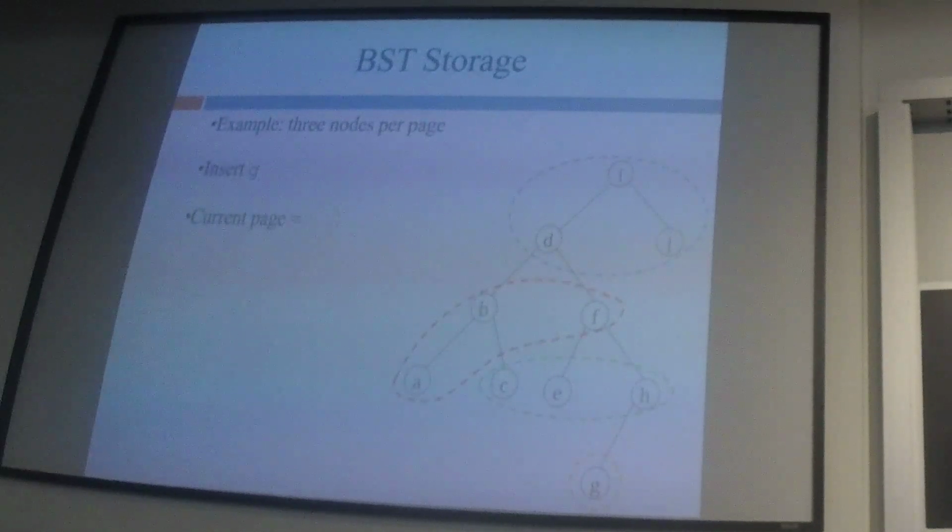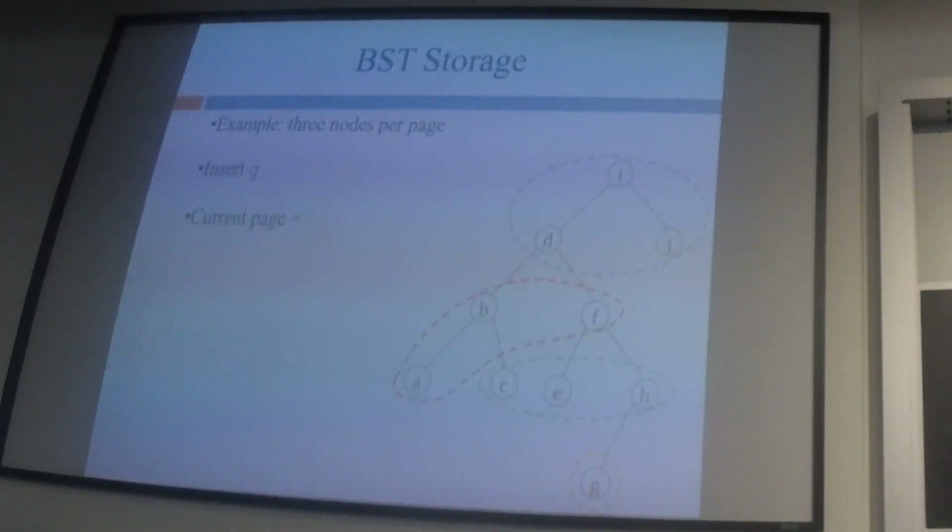Where we put them in terms of pages was purely based on the order that they were added to the tree. But the structure of the tree is just BST structure. Everything to the left is less than, everything to the right is greater than for any given node.